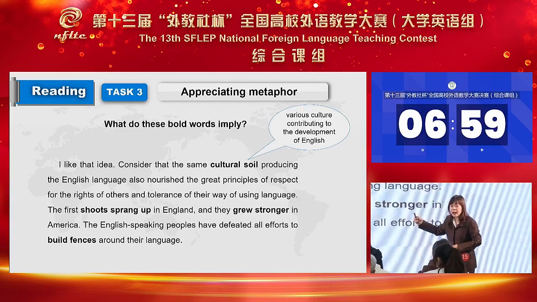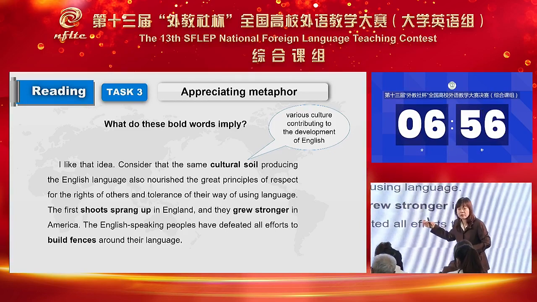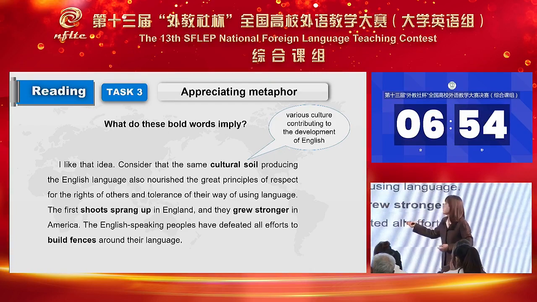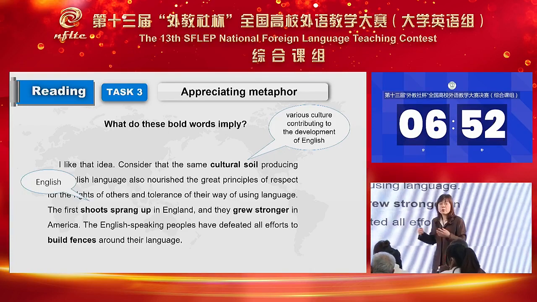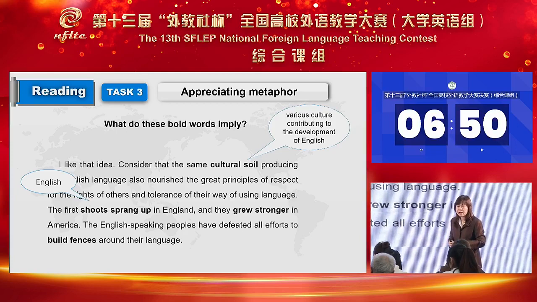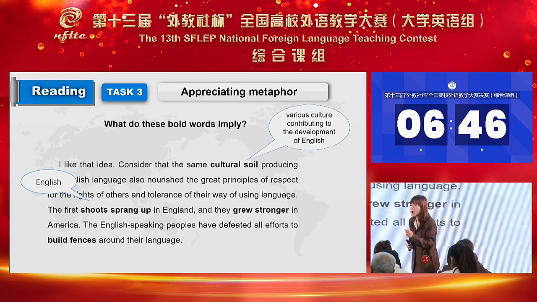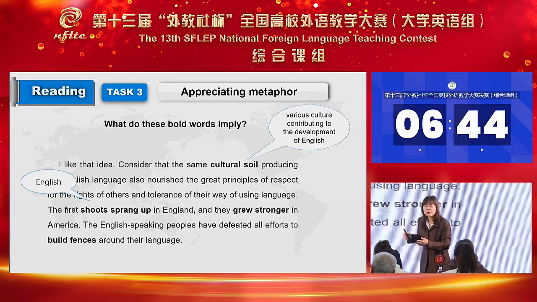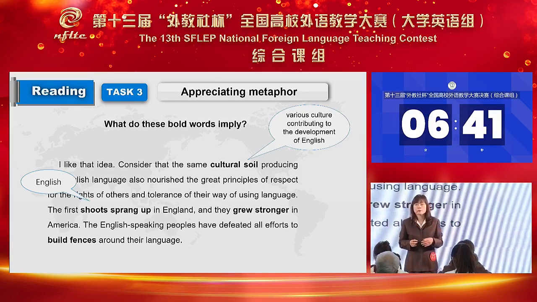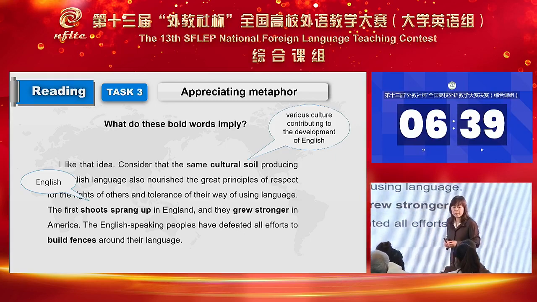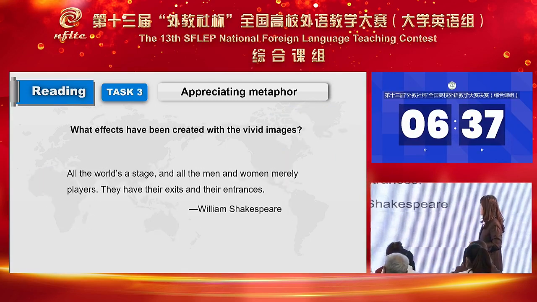And shoots are plants, right? They are the English language. And also we have people building fences here. They are the people who set barriers for the development of English. Actually, the author used a rhetorical device of metaphor.